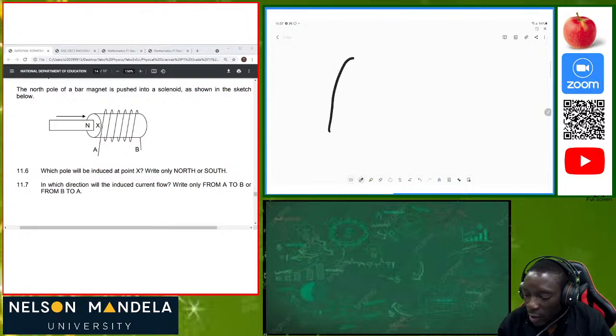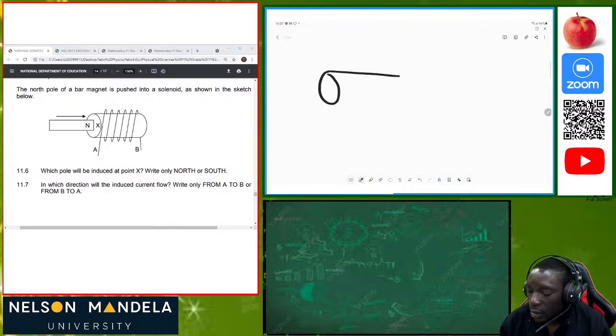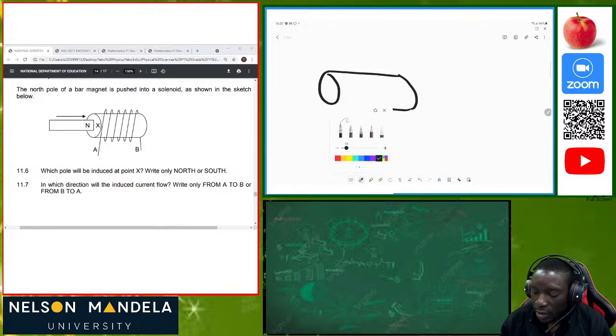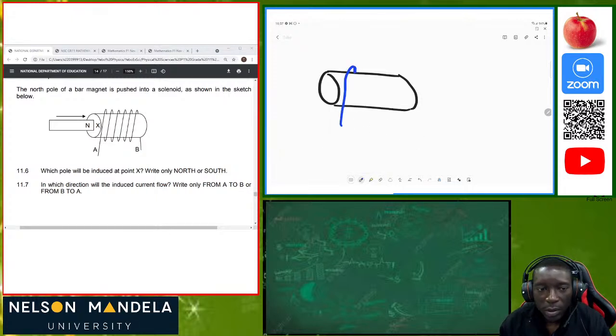So we have a coil like that. Okay, let me draw the cylinder first. Then the coil in blue.